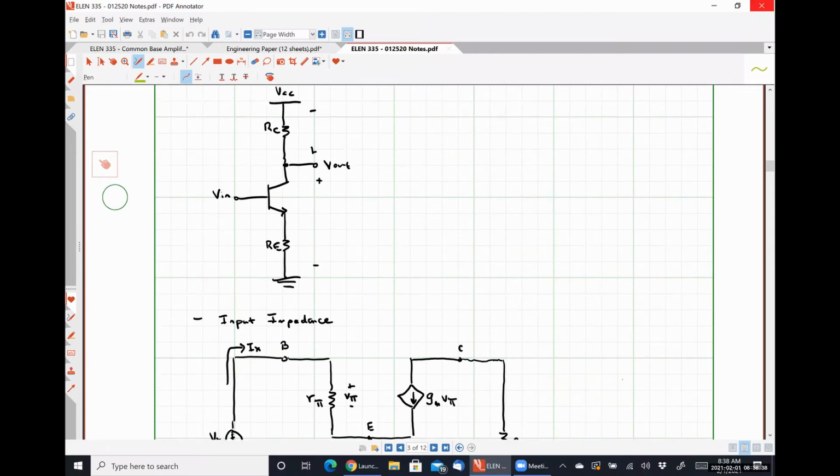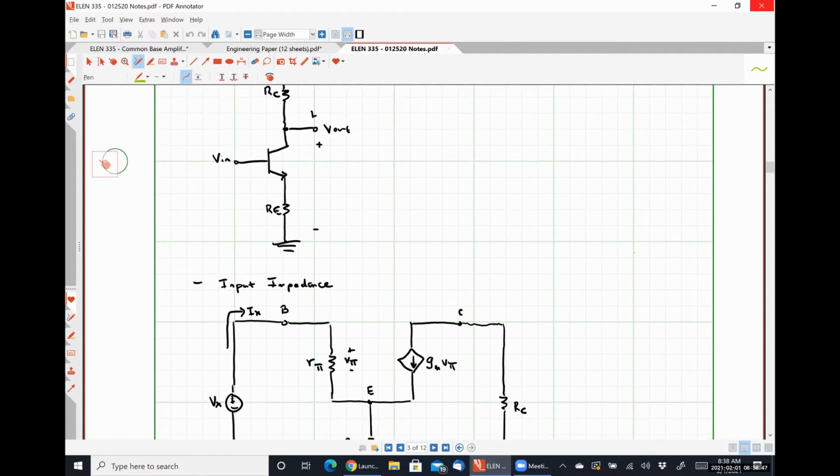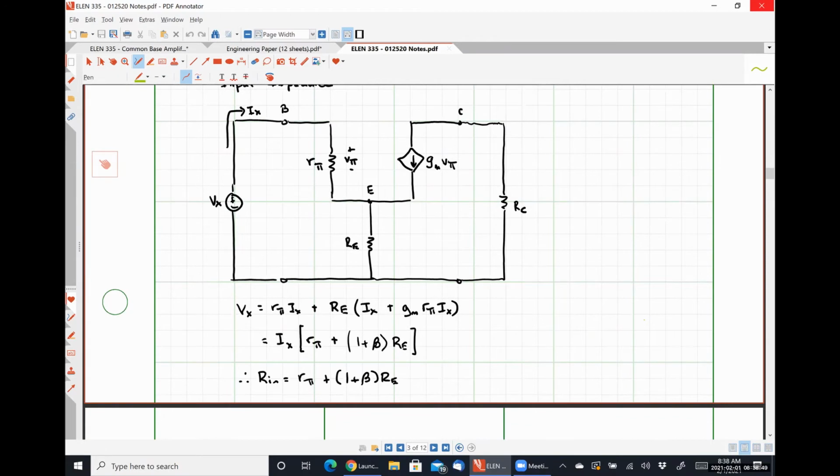So the location of our output pin here does not matter because we're just considering our output to be an open circuit. And we have RC equal to 0. But RC doesn't actually even show up in our input impedance calculation at all, right? So it should be fairly straightforward to see then that Rn for our emitter follower is the exact same as we have here, simply R pi plus 1 plus beta Re.